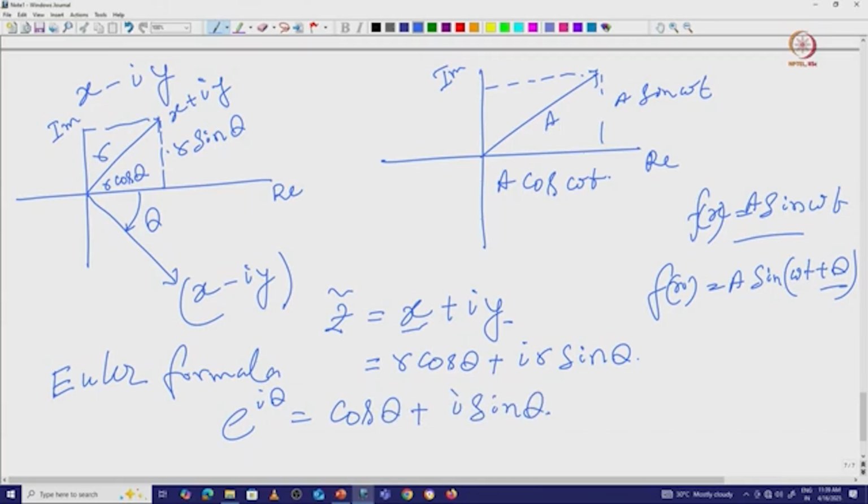Now the other part is also true: e to the power minus I theta will be cos theta minus I sin theta, right.